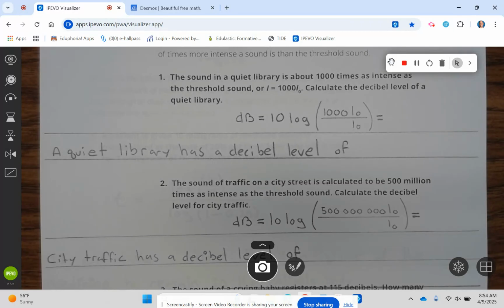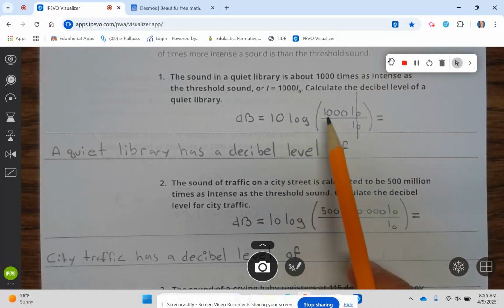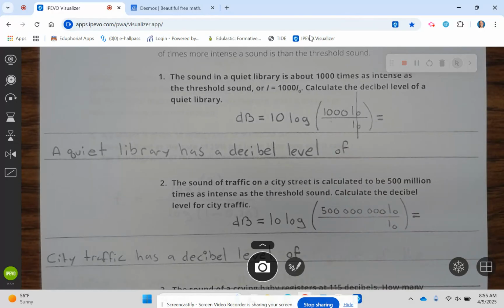Calculate the decibel level of a quiet library. The decibel level equals 10 times log of 1,000 L naught divided by L naught. Now, anything divided by itself is 1, so this becomes 1. So we just need to put in 10 times log of 1,000 in decibels. So let's go ahead and do that now.